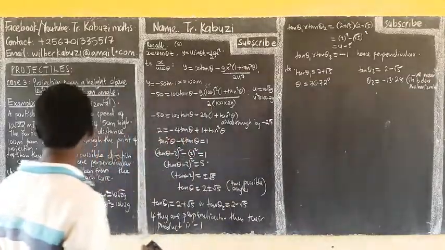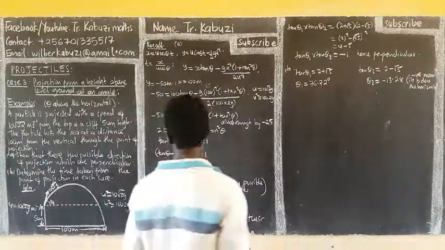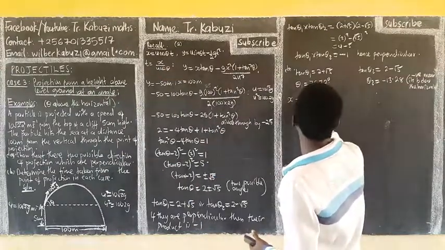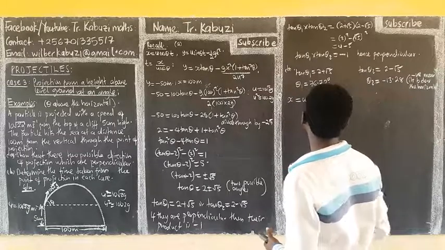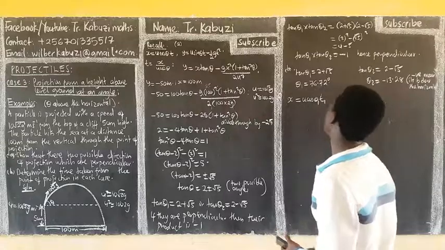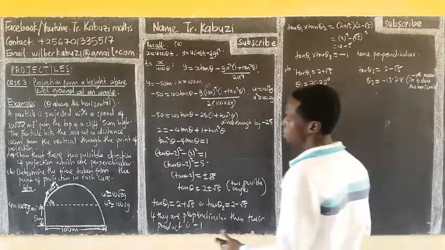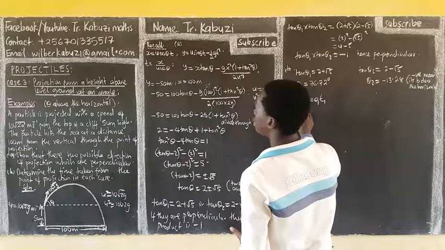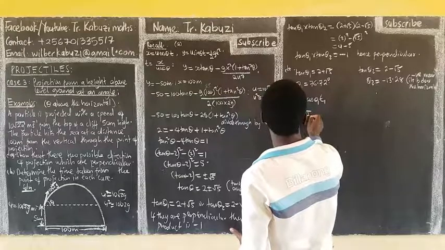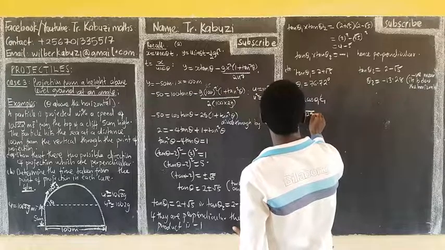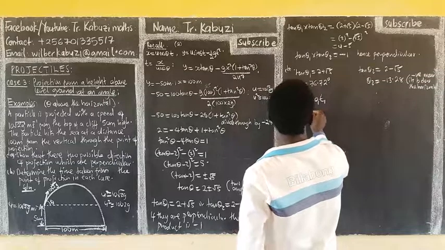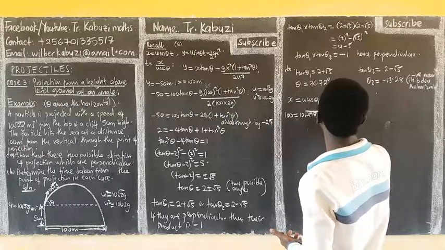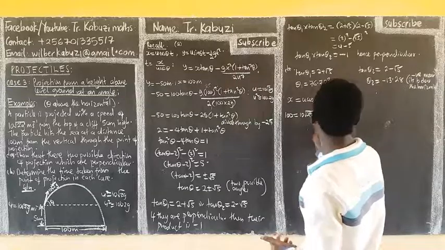Now, if they want us to get the time taken in each case, we have the distance x equaling the initial u cos theta times t. If I call this theta 1, then I call this one t1. The distance covered is 100. So I have 100 equaling u, which is 10 root 2 (that is root of 19.6 times 10, with g as 9.8), times cos of theta 1, which is 76.72, into t1.